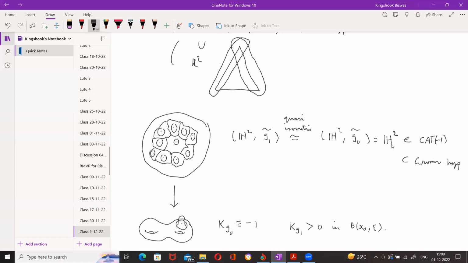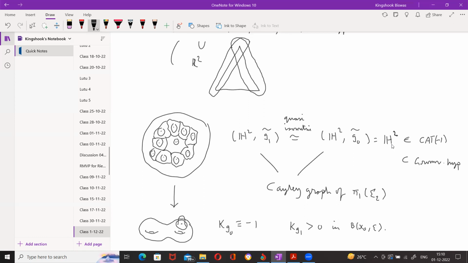So this has positive curvature, but at large scale, the point is actually both these spaces are both quasi-isometric to the Cayley graph of the fundamental group pi1 of sigma 2.